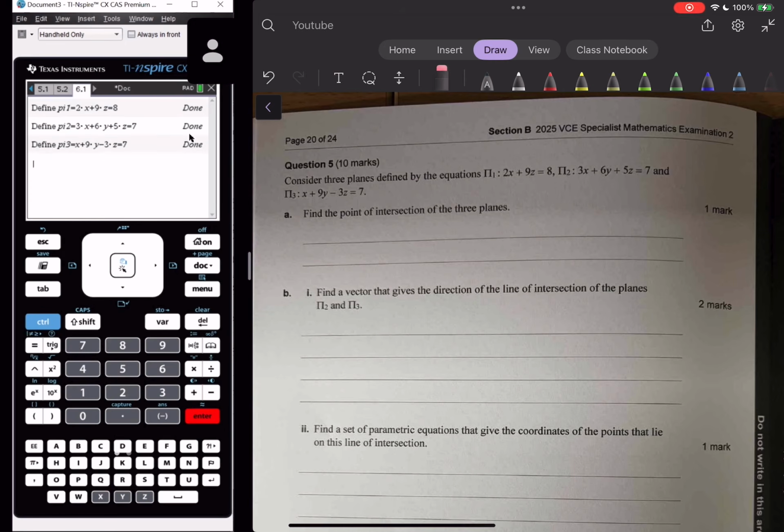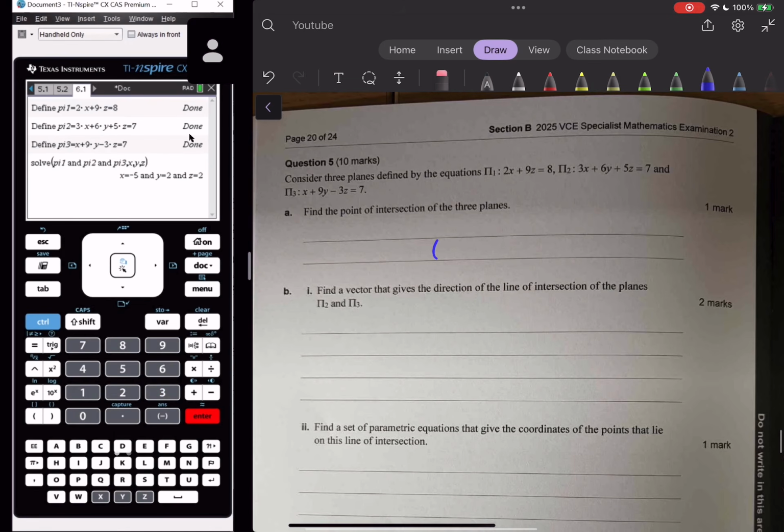And to find the point of intersection, it's very simple. We just solve pi 1 and pi 2 and pi 3, so literally just solving them simultaneously for x, y, and z, giving us -5, 2, 2. So we have -5, 2, and 2.